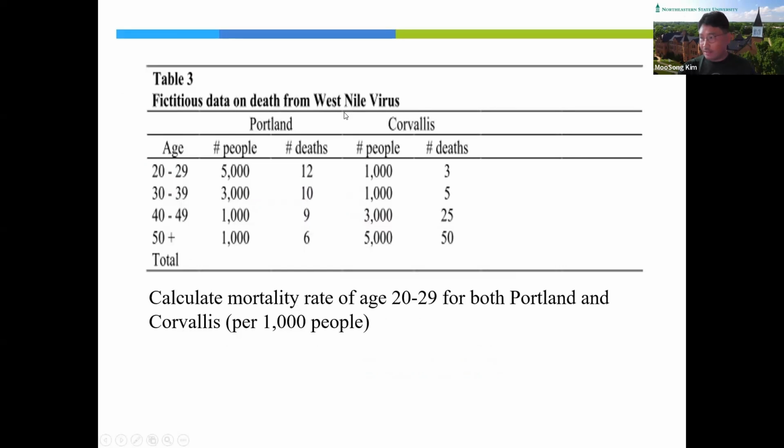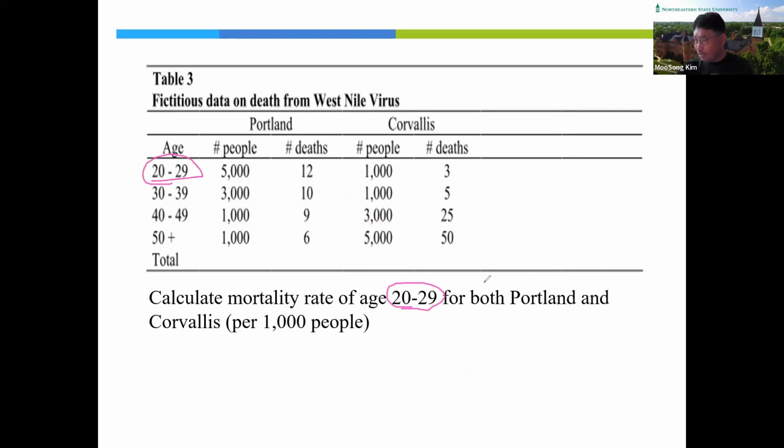Here is the practice question. Calculate the mortality rate for age 20 to 29 for both Portland and Corvallis. So we narrow down to one age group, 20 to 29.